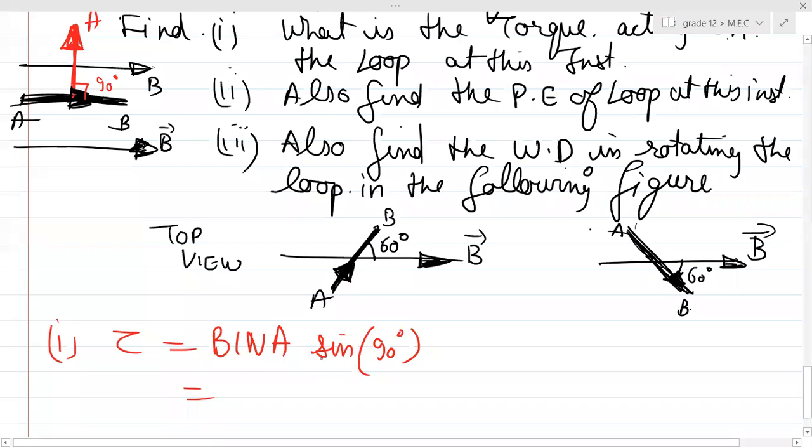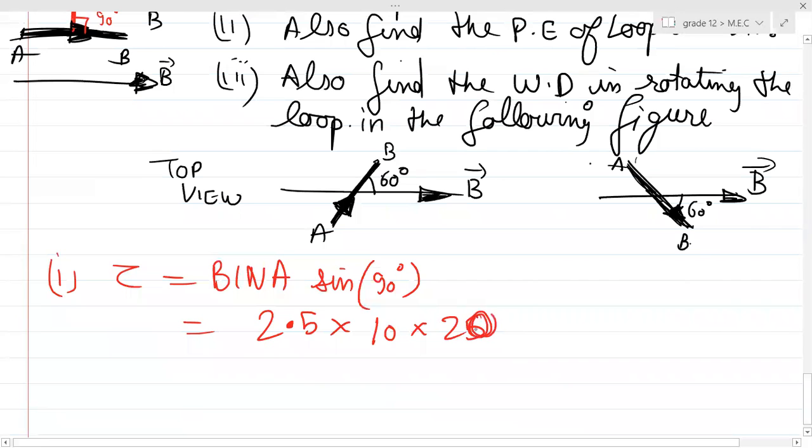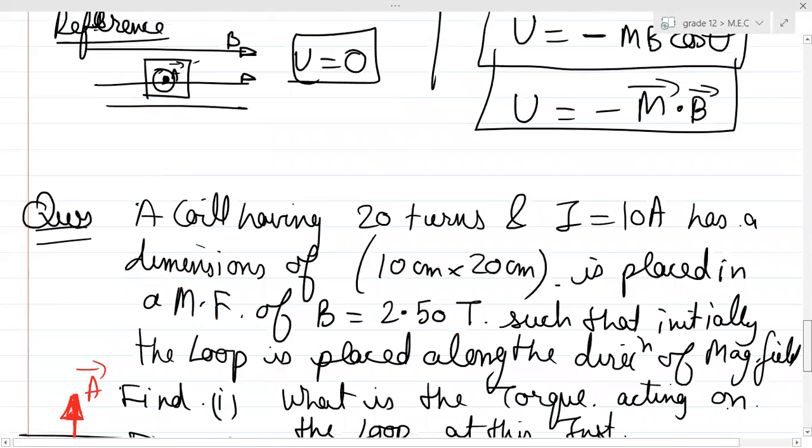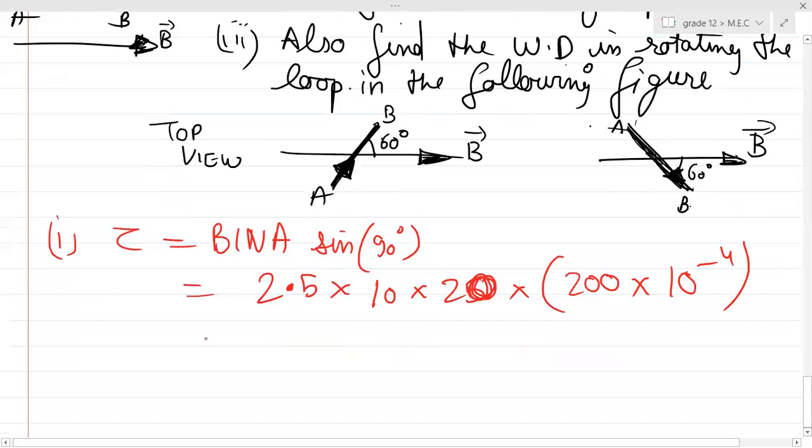So this will be B as 2.5, I as 10 amperes, N is 20 turns, and the area is 200 centimeter square, which will convert into meter square. When you calculate this, it will be your answer.